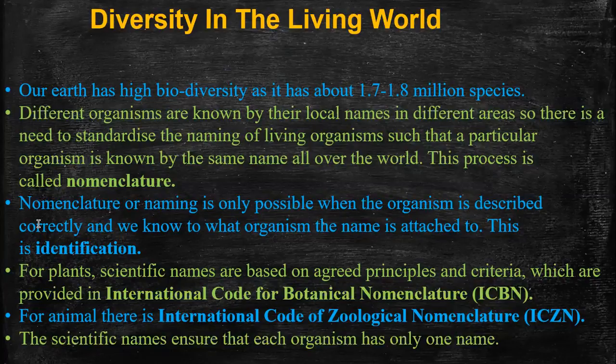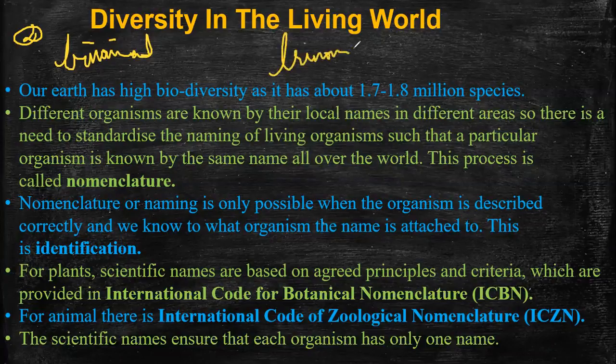This nomenclature is of two types: binomial nomenclature and trinomial nomenclature. For binomial nomenclature, I have told you the example of Mangifera indica, or Mus musculus.